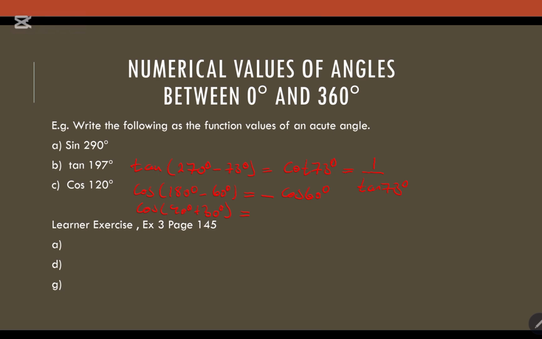So this is equal to, it is in the second quadrant, so only sine is positive there, so this will be negative sine 30 degrees. So negative sine 30 degrees is equal to negative cos 60 degrees, which is equal to cos of 120 degrees.